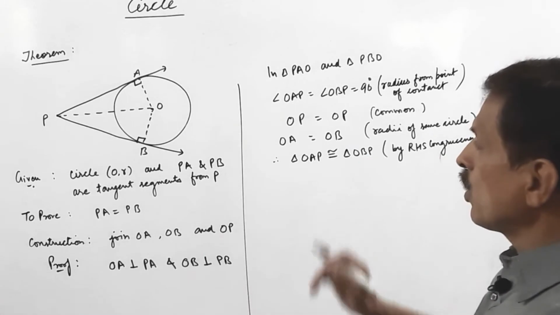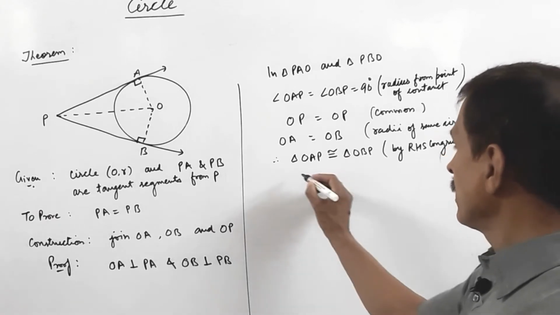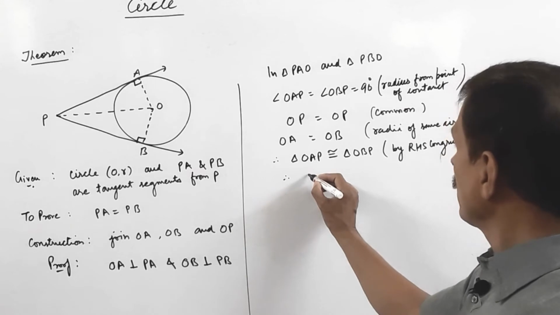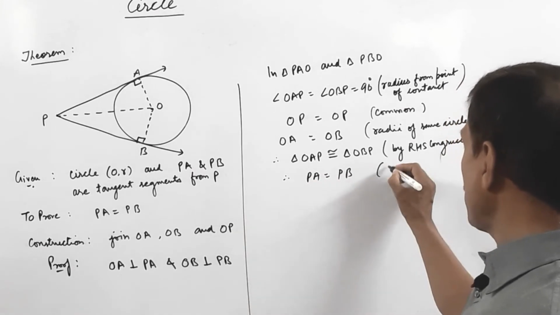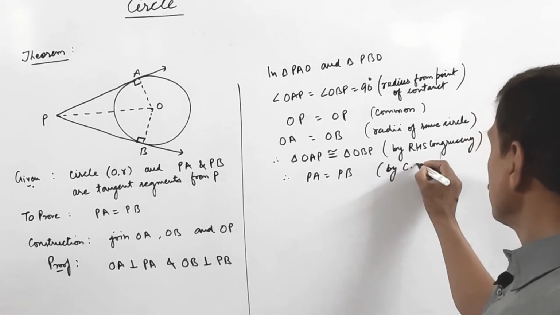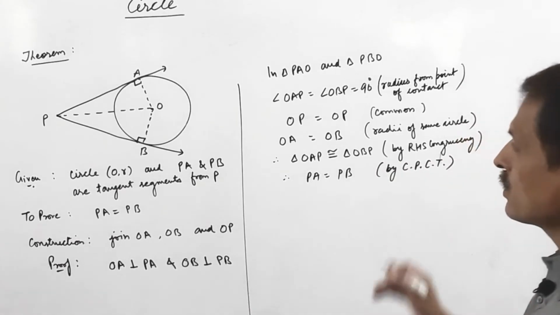If the two triangles are congruent, their corresponding parts are equal. Therefore, PA is equal to PB by CPCT, corresponding parts of congruent triangles.